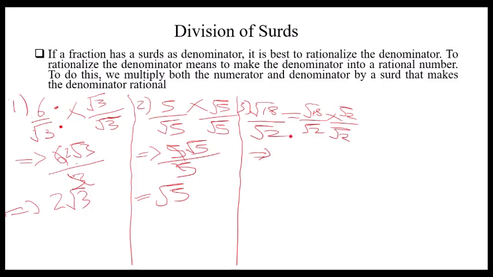So root 18 times 2: 18 times 2 is 36. So this is root 36 all over root 2 times root 2, which equals 2, right? The square root of 36 is 6. This is 6 over 2. This gives us 3.